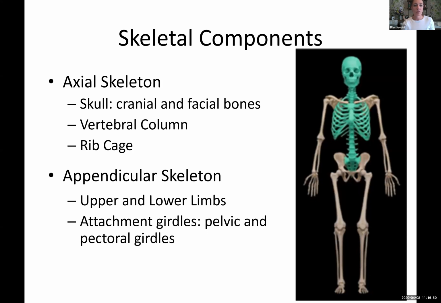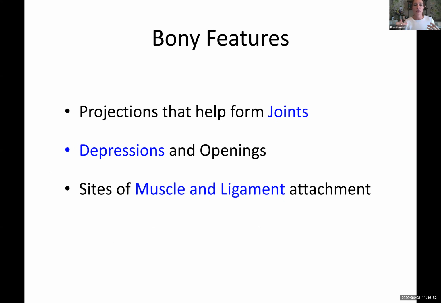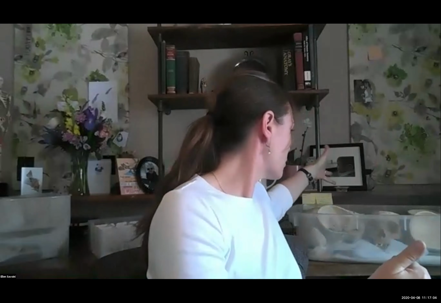So we have, this is more just terminology. When we talk about specific bony features, I'm going to get out of the share real quick and show you. For instance, let me grab this mandible.